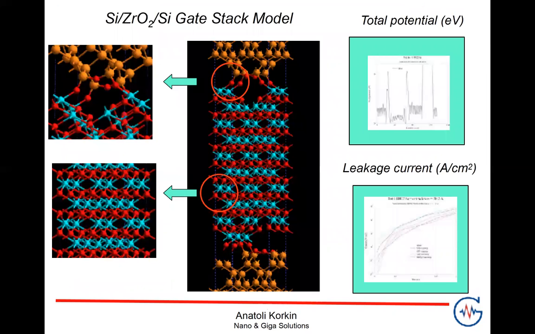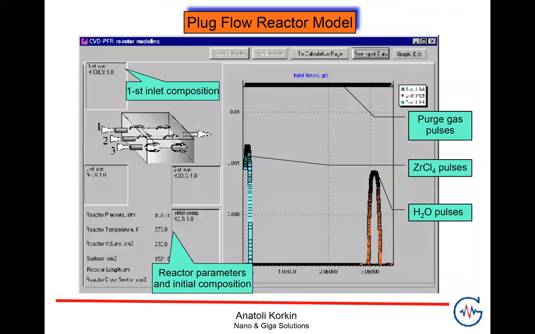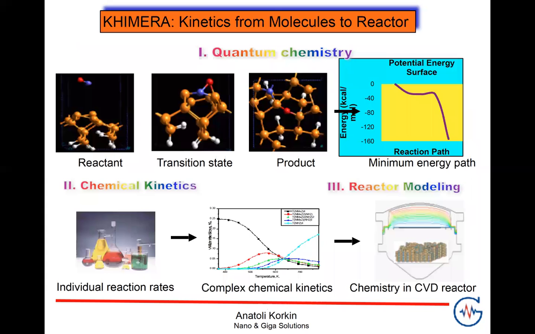So the next step was to design our corresponding gate stack and then calculate the electric properties such as total potential and leakage current. So they're on the macro scale. So we use simplified parameters or general parameters derived from calculation in the modeling of a particular plug flow reaction for ALD type deposition.